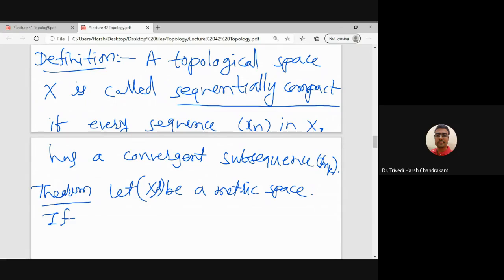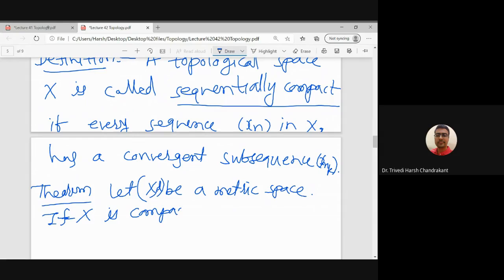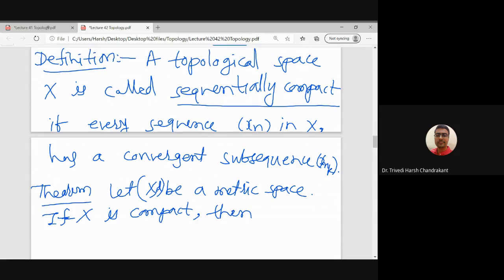If X is compact, then X is a sequentially compact space.